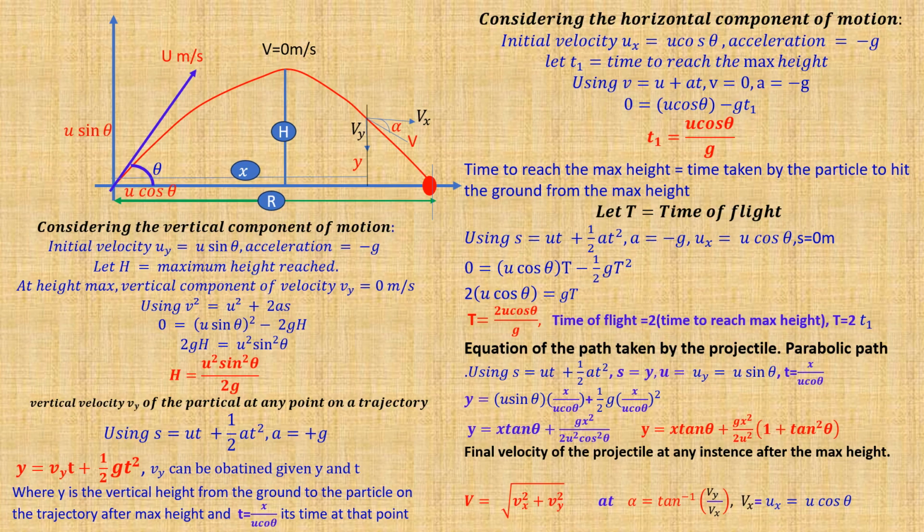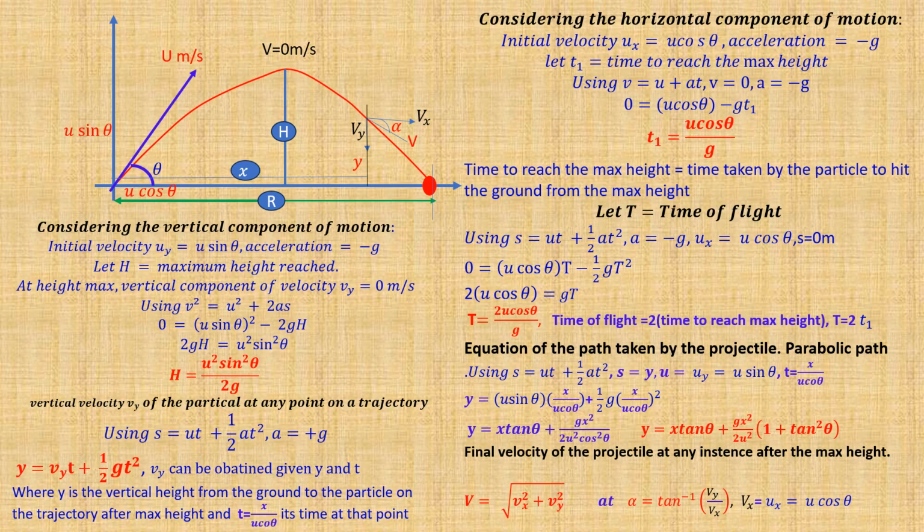But again, the vy, as the particle is describing this parabolic path, at every point, the vertical component of velocity keeps on changing. So we shall find that vertical component of velocity at that very point. Meaning, one, you need to know the vertical distance from the horizontal line to where that particle is being studied. 2, you need also to know the time at that very particular point.